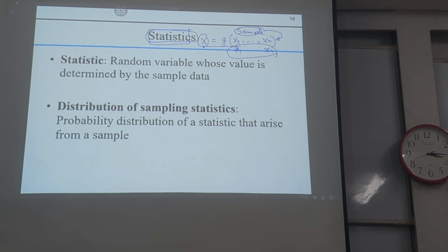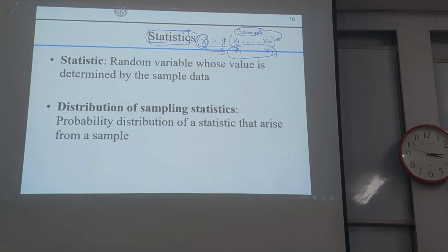So if X is a function of the sample values, then we will call it a statistic. And these statistics can be used to infer conclusions from the data. For example, if X bar is defined in this way, then what does X bar represent?